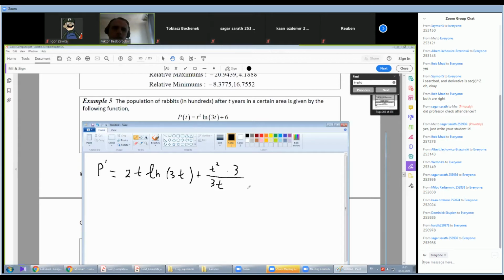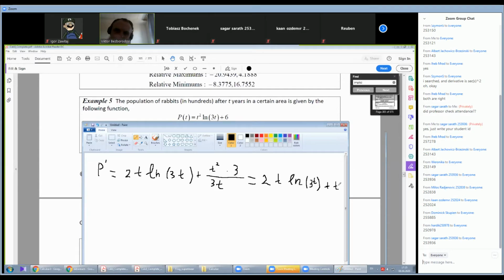This is the product, t squared times logarithm. So this is the derivative of t squared times the logarithm part, plus t squared times the derivative of the logarithm. And this is 2t logarithm of 3t plus t, just simply t.